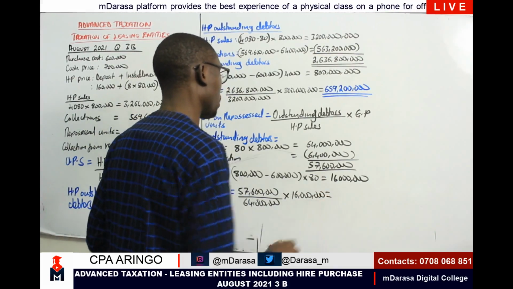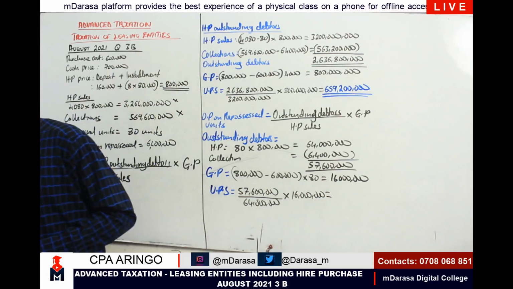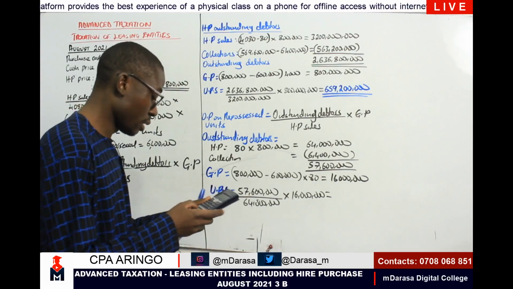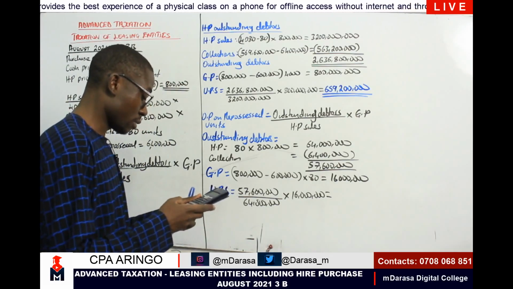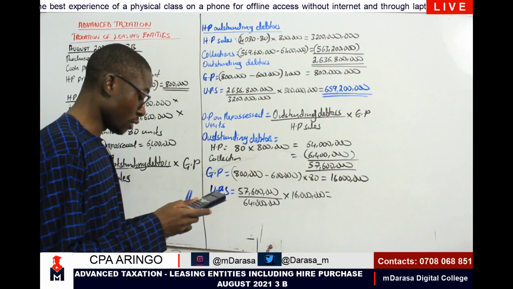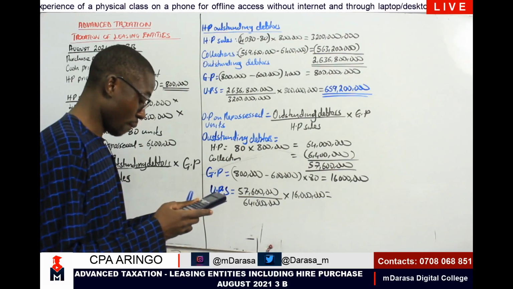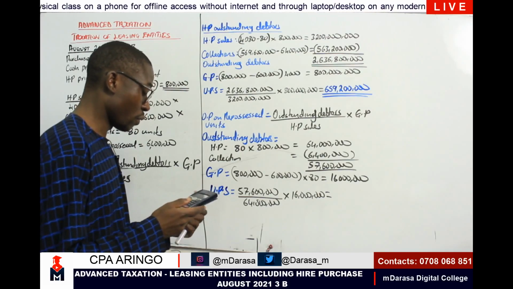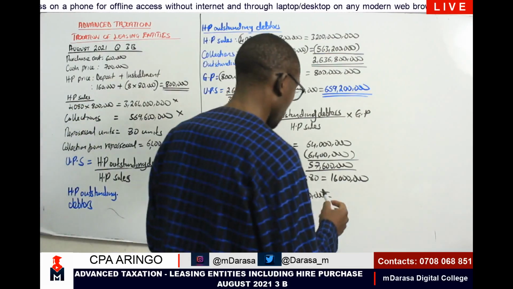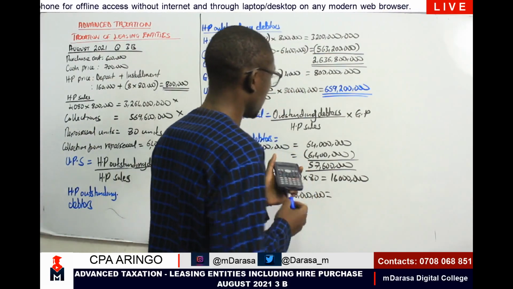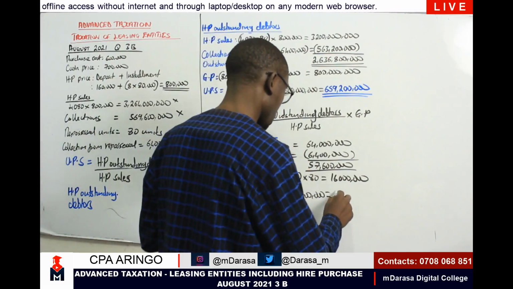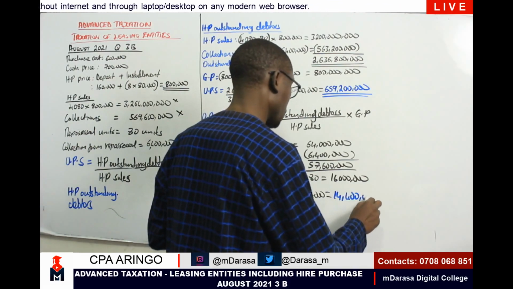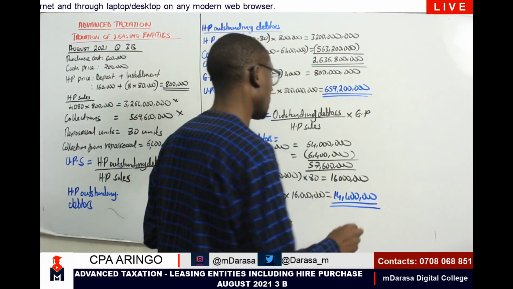So 57.6 million divided by 64 million, multiplied by 16 million, should give us 14,400,000. So that is what we should be having.